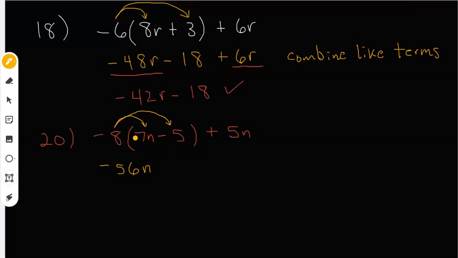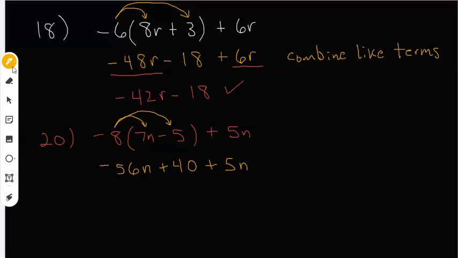Negative 8 times negative 5 is a positive 40. Good. So that's my next term. And then the plus 5n is just kind of hanging out off to the side. I have to bring that down to my final answer as well, so I'm going to have a plus 5n at the very end.